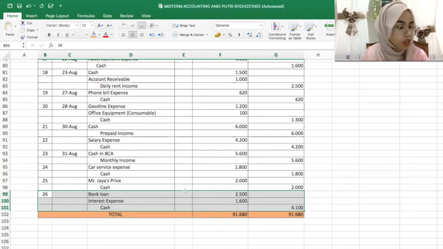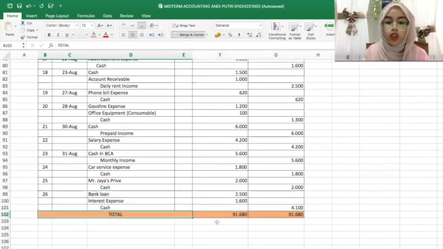2,500. And there's also an interest expense for 1,600. And there's also cash because they pay for the bank loan and interest. And you just have to compute the bank loan and interest expense. So it will be 4,100 rupiah for the cash on the credit side, because we use the cash to pay for these loan and expenses.